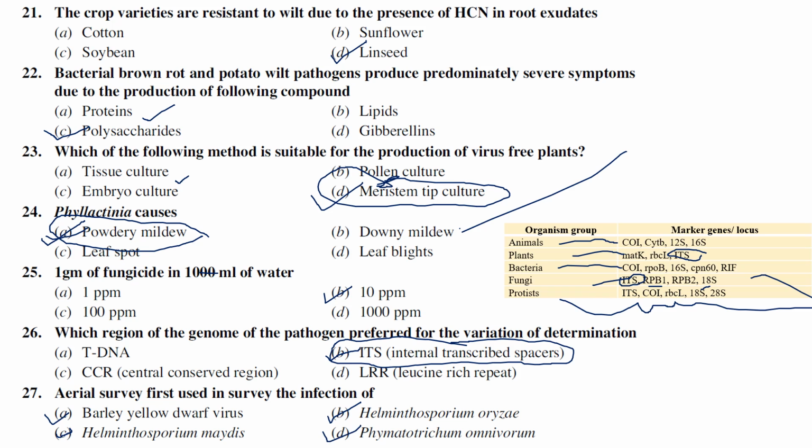It is Phymatotrichum omnivorum, because the aerial surveying program was actually started in India in Kerala on coconut diseases. It was started by Pisharoty in 1970. That's why he is considered the father of remote sensing in India. He was the one who first used remote sensing or aerial survey on coconut disease, that is Phymatotrichum omnivorum.